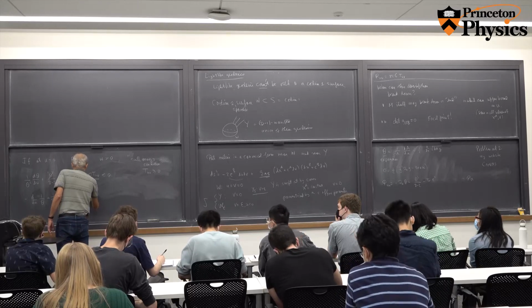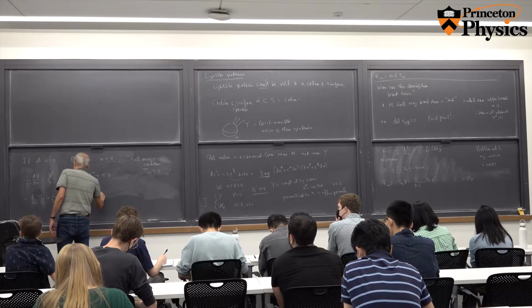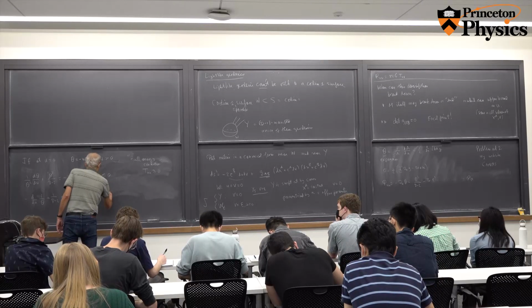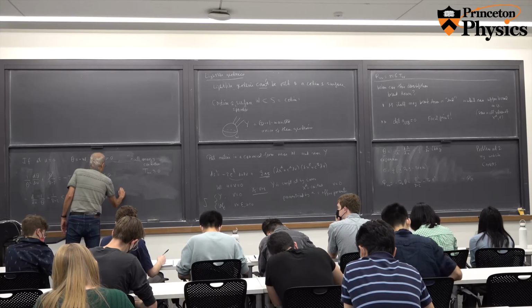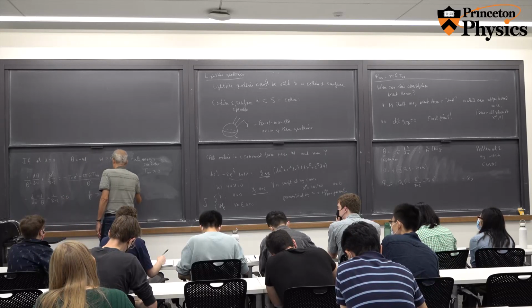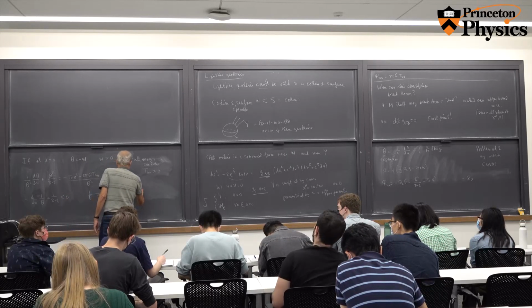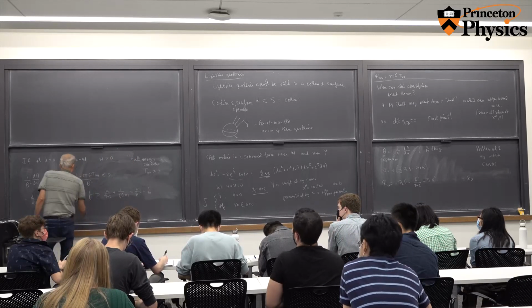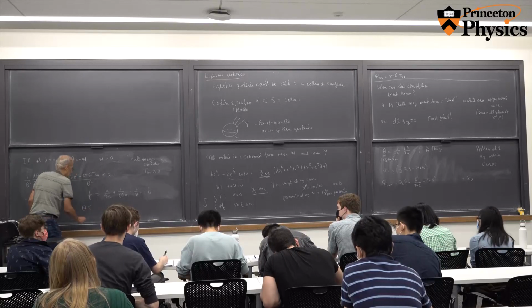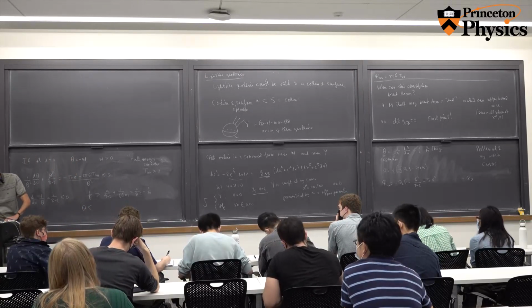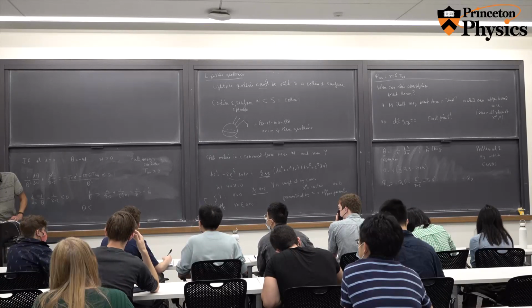So we learned that 1 over theta is bigger than u over d minus 2 minus 1 over theta at u equals 0. We get an upper bound on theta that tells us that it goes to minus infinity.